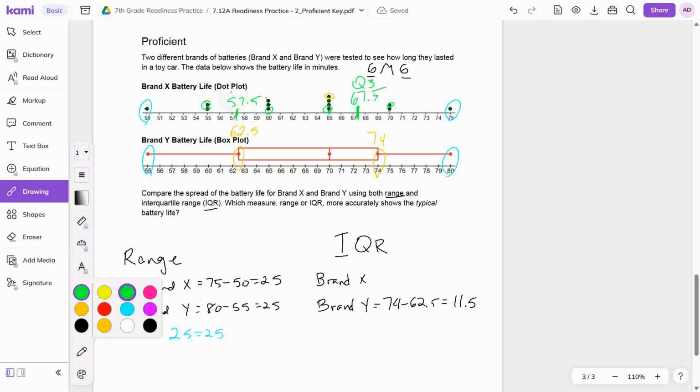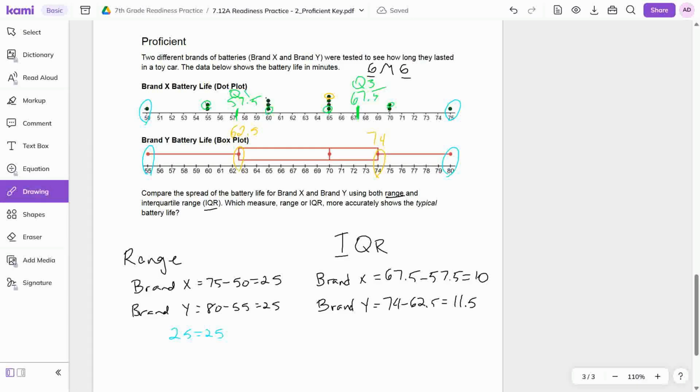And then that's going to be my quartile 1 because it's the median of the bottom half. So we can say 67.5 minus 57.5. And so the ranges are the same, but the interquartile ranges are actually different.